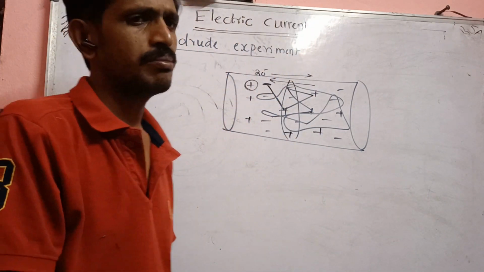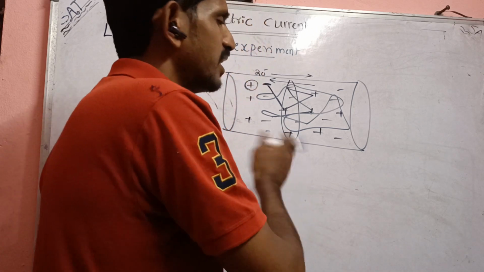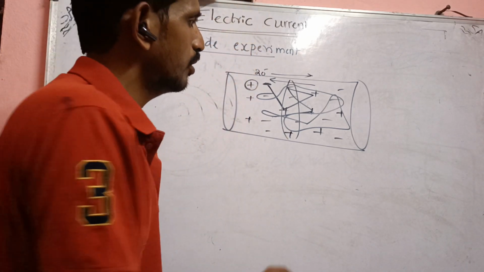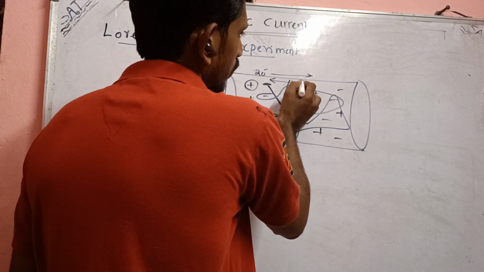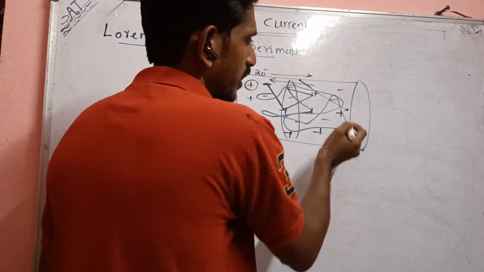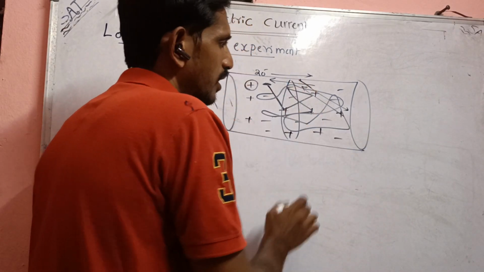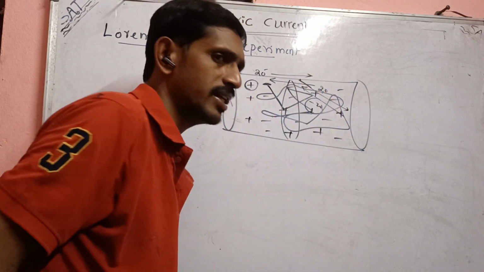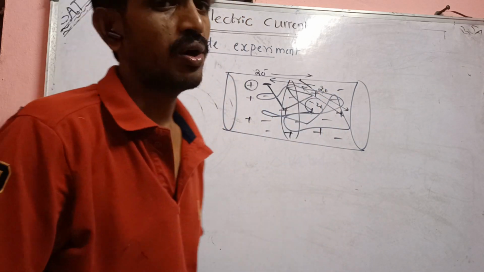That's why there is a maximum probability that the net charge is zero, because they are moving in different directions. For example, 20 electrons are moving from this point in this direction, and 20 electrons are moving in the other direction. What is the net charge here? Net charge is 0, because charge is quantized.